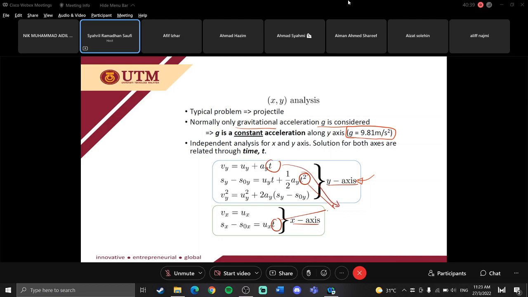Sometimes you need to use this in order to determine a parameter, let's say the displacement or velocity. All right, I will explain why we have acceleration only along y, and why we don't have acceleration along x. I will discuss that after this.